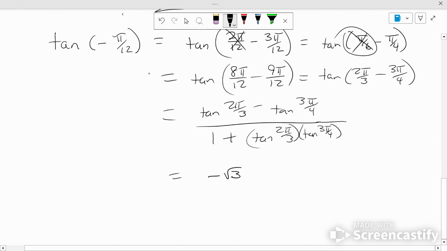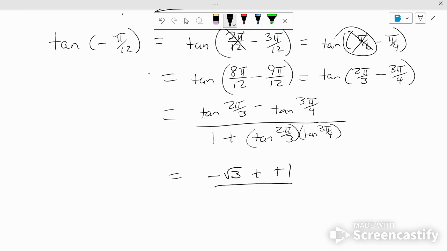The tangent of 3 pi over 4 is negative 1, so it's minus a negative 1, which is plus a positive 1, over 1 plus negative square root of 3 times negative 1, which is square root of 3 plus 1 over 1 plus square root of 3. Okay? No fractions on this one.